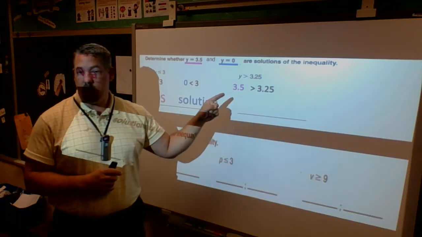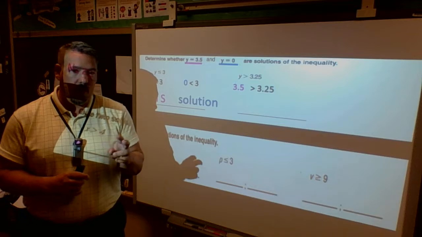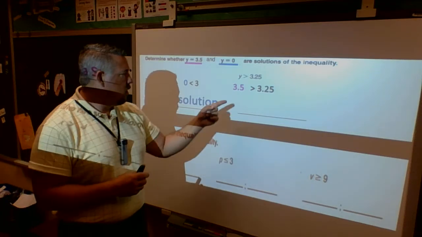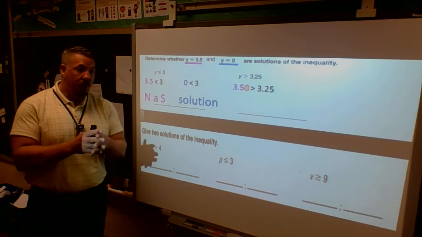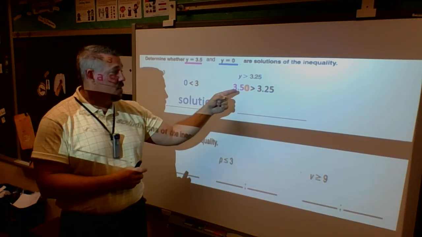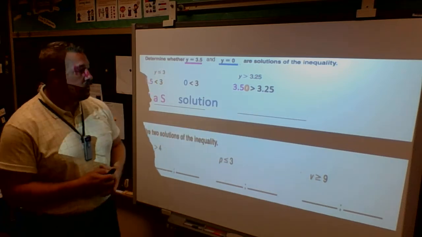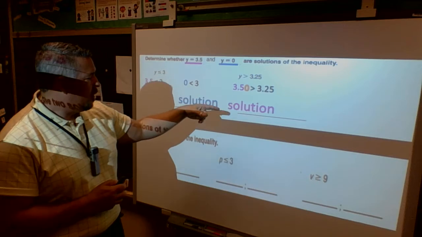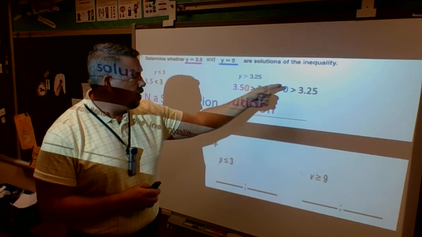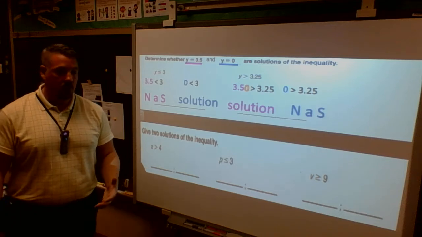Remember, when I'm comparing decimals, I have to have the same number of decimal spaces so I can really see what I'm using. This has 2 decimal spaces, so this needs 2 decimal spaces. And then when I look at the decimals, I see that 50 is greater than 25. This is a true statement. It is a solution. Well, what about the 0? Is 0 greater than 3.25? No, it's not. That is not a solution.